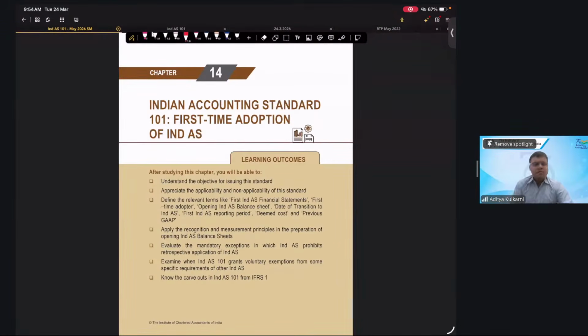From an examination perspective, your key chapters are financial instruments, consolidation, and property, plant and equipment, which includes borrowing costs, and also chapters like share-based payments. Questions from these keep repeating at least in every alternate attempt, if not every attempt. Ind AS 101 alone does not get repeated that many times.